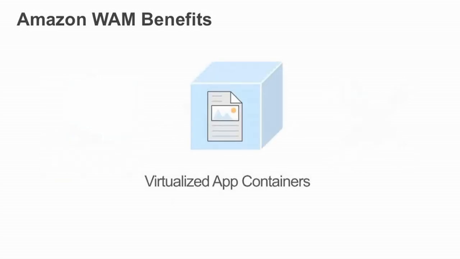The service uses virtualized app containers. What this means is the application is prepared or virtualized into an app container and can be delivered to a workspace, which is a running Windows instance, on the fly.